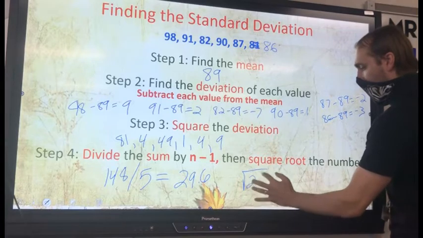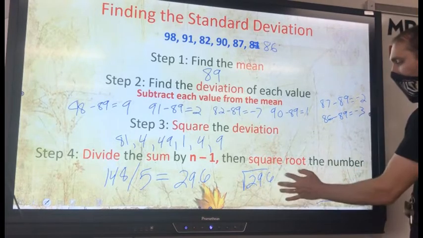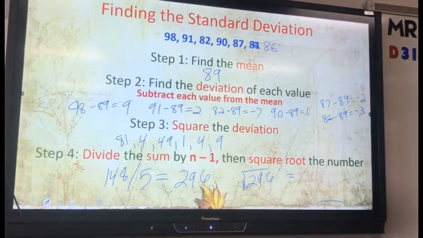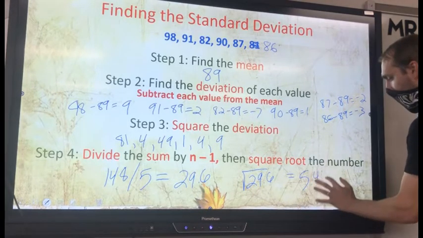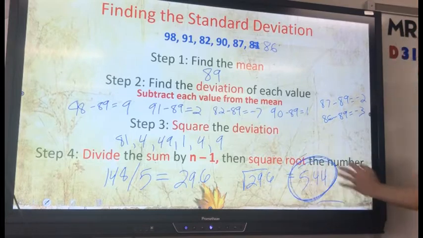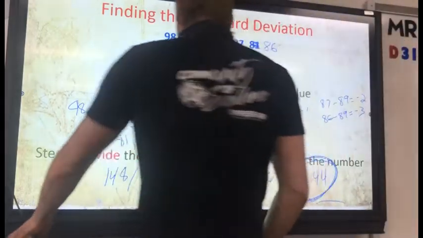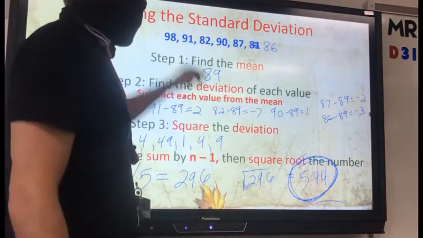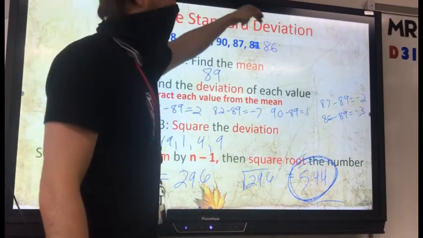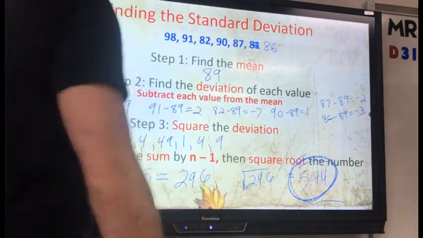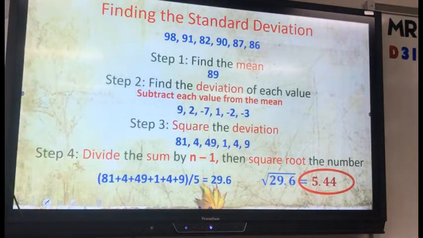Square root of 29.6 equals a standard deviation of 5.44. How do we do? Do we get it? Remember we need to divide by n minus 1. So count how many I have. 1, 2, 3, 4, 5, 6. So 6 minus 1 is 5.